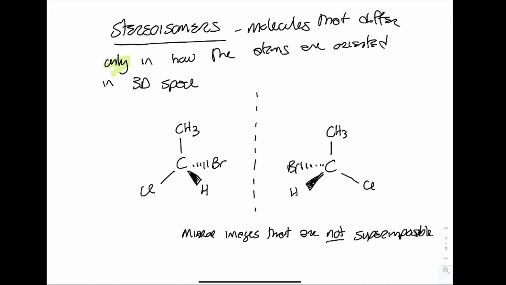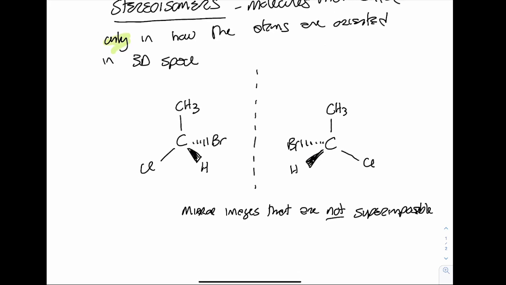Because they're not superimposable, it actually makes them different. So these are stereoisomers of each other. They're not cis-trans stereoisomers, they're a different type of stereoisomer. I haven't given you the name of the type of stereoisomer yet, but they are stereoisomers. They're actually different, kind of like our left and our right hand.